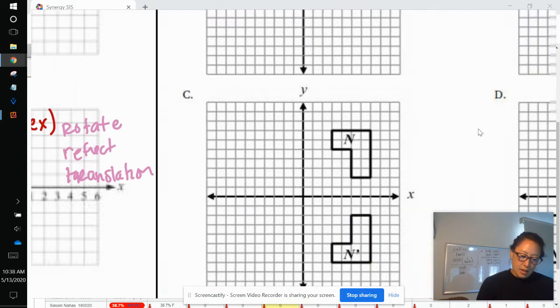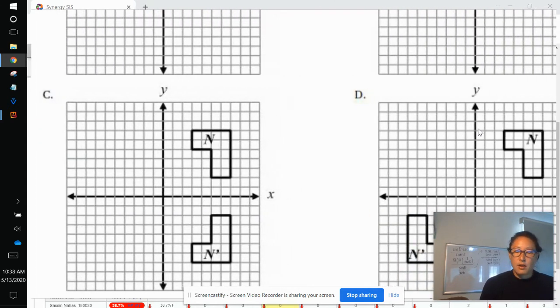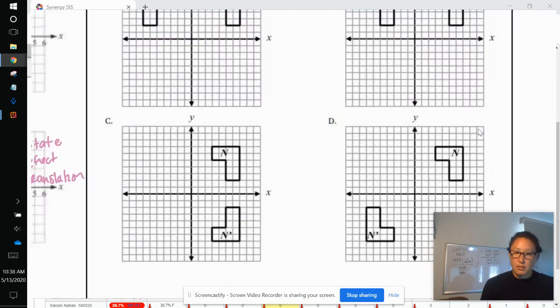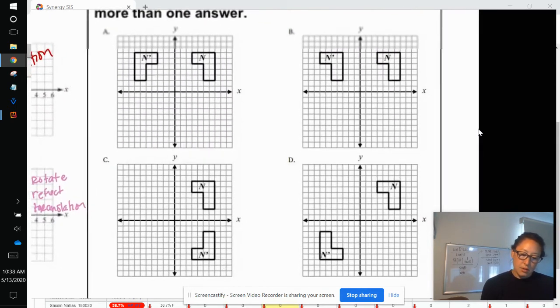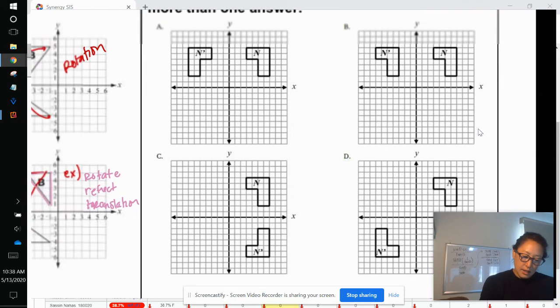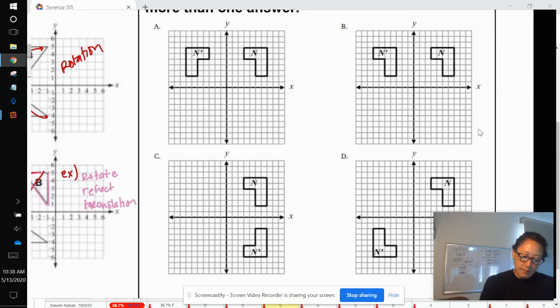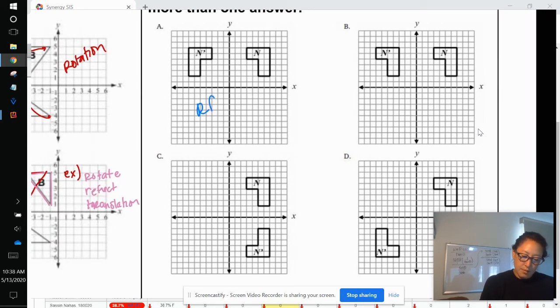Go ahead and figure out what these 4 transformations are really quick, and then we will go over them. Okay. So A is a reflection, but across x equals 0. C is a reflection across y equals 0.